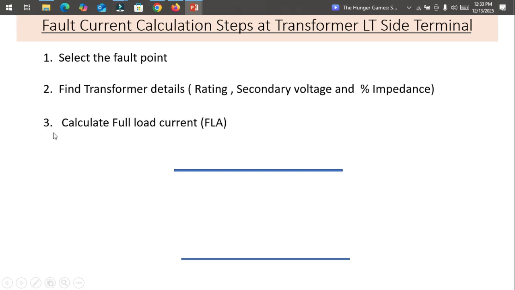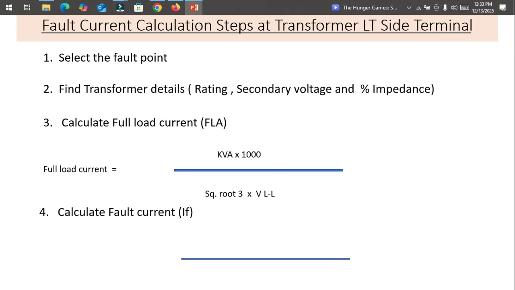Third, we have to calculate the full load current. This is the formula to calculate the full load current: kVA into 1000 divided by square root 3 into the line to line voltage, that is, the secondary voltage.